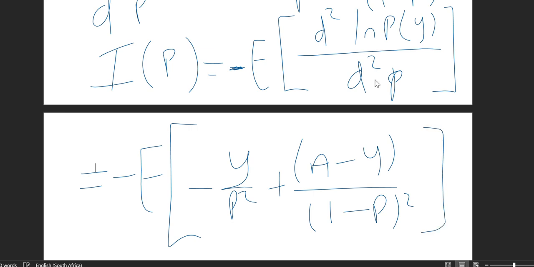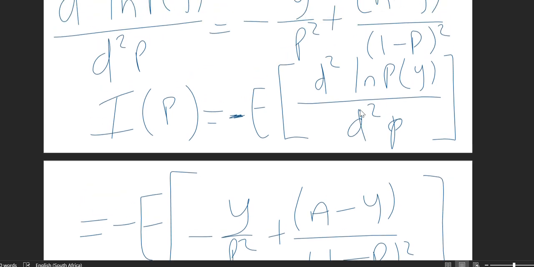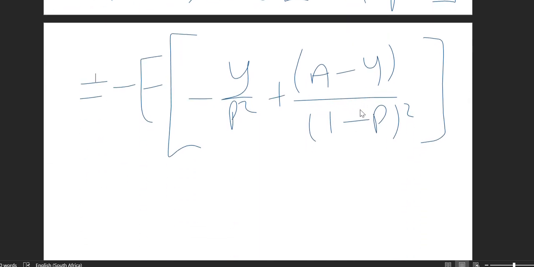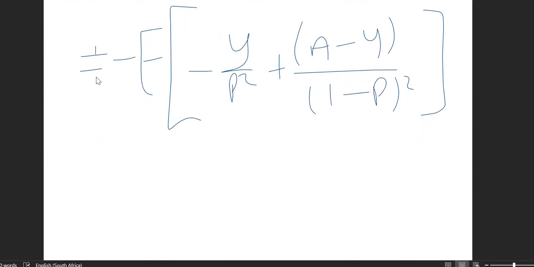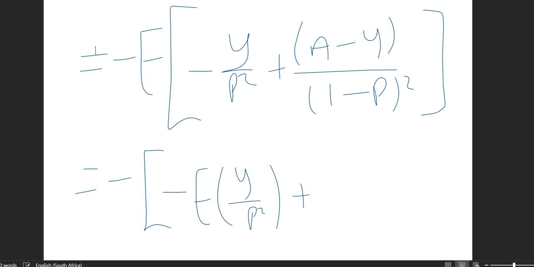Okay, now we are gonna distribute the expected value and leave the negative outside, so it's gonna be negative expected value of y divided by p squared plus expected value of n minus y divided by 1 minus p all squared.